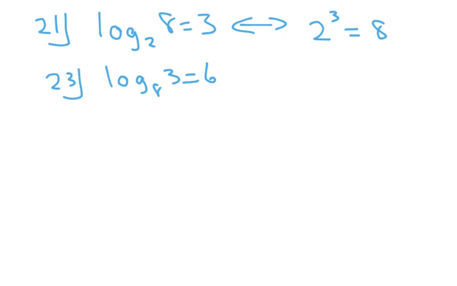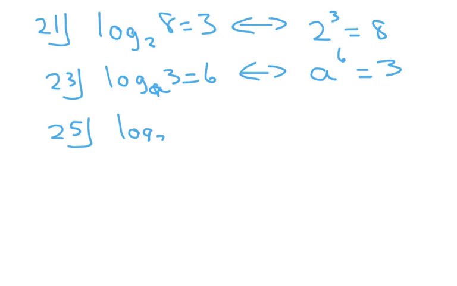23, log base 8 of 3 equals 6. So my base is 8. And this was a, looks like an 8. So my base is a, a to the 6th equals 3. 25, log base 3 of 2 equals x.